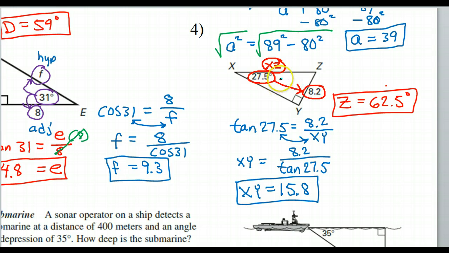So 8.2 is opposite of the angle, and of course XZ is the hypotenuse. So this is opposite and this is hypotenuse. Opposite and hypotenuse, that is the sine function. So that's why we will do sine 27.5 is equal to 8.2 over XZ.